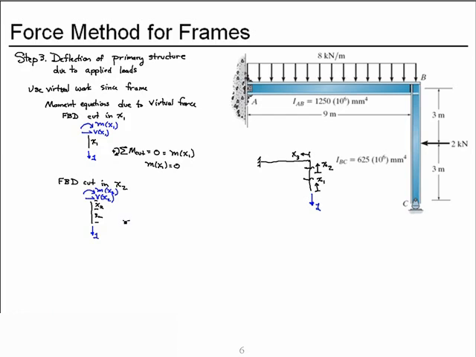Let's sum moments about the cut again. I will choose clockwise as positive again. And the only contributor is the virtual moment as a function of x2. So that equation also is 0.